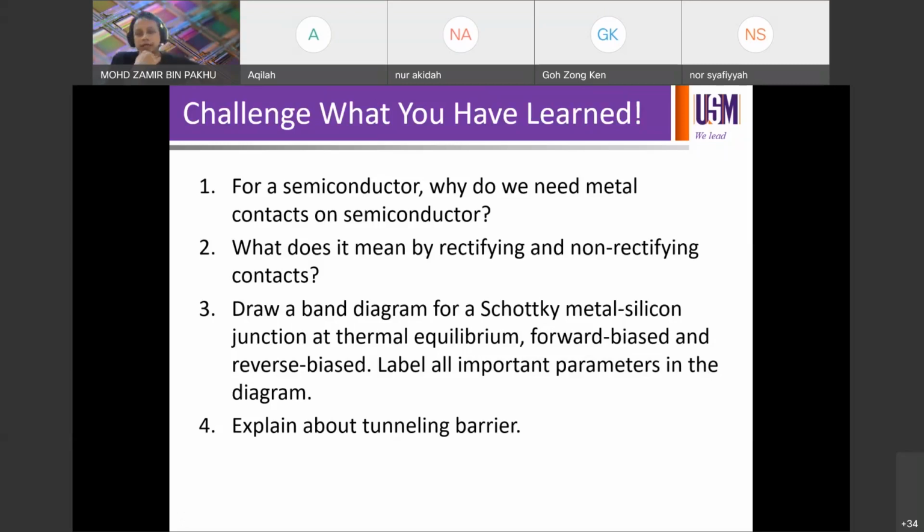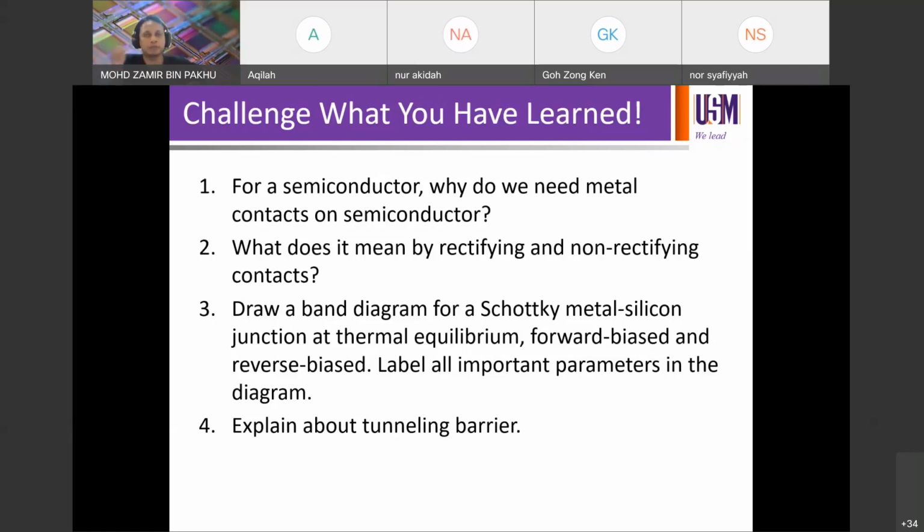Well, it's not direct. Usually we use the metal contacts in order to extract the carriers or to induce the carriers into the semiconductor. But you may be correct. It can also increase the conductivity of the semiconductor if you do something at the interface of the metal and semiconductor. So that requires elaboration.